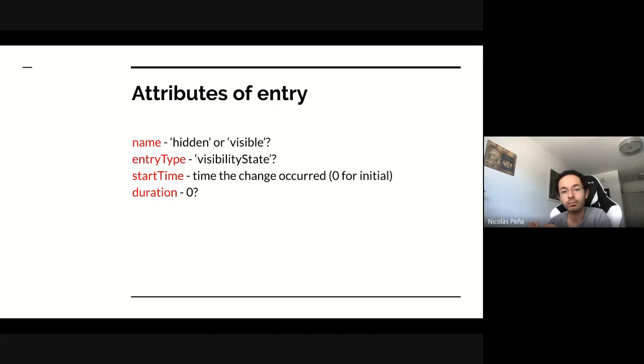I don't know if that's useful or confusing, but I don't know what others think about if it's confusing for duration to be 0, or if there's something useful we could set it to.